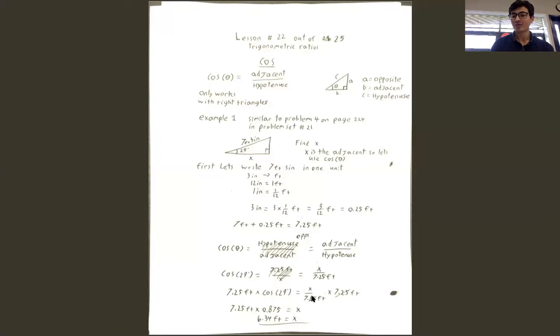On the right side, we have 7.25 feet on the top and 7.25 feet on the bottom, and they cancel each other out. Pretty much you're just dividing them and you get 1. So you get x times 1, which is just x. Then on the left, we have 7.25 feet times 0.875, giving us a total distance of 6.34 feet for our x value. So that's going to be the length of the adjacent, the length of x that we want to find there. So that's cos.